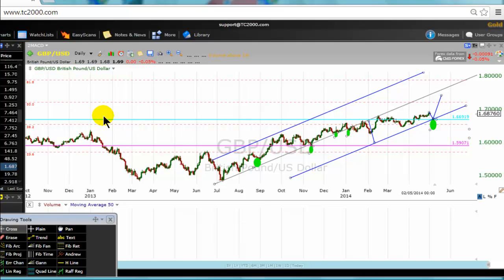The British pound and the US dollar. The economic realities in Great Britain will influence the pound, and the economic realities in the United States will influence the dollar. So we are comparing two currencies.